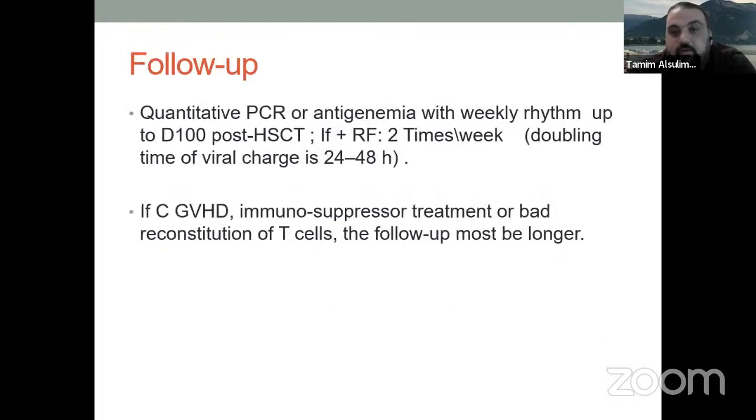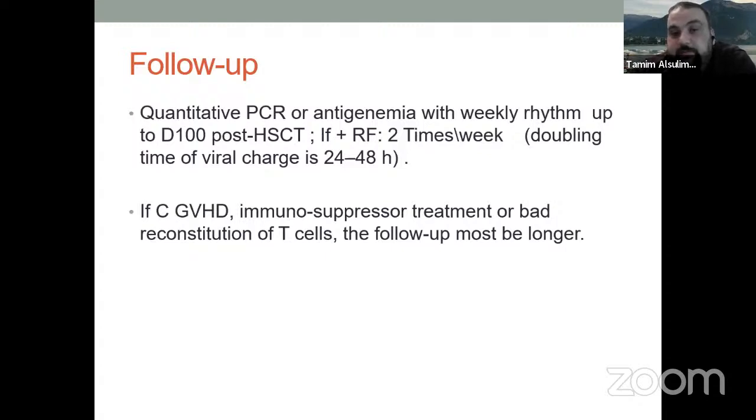For the follow-up, we have highlighted that we must use quantitative PCR or antigenemia with a weekly rhythm up to day 100 post HSCT, and maybe 2 times a week in a special setting, because the doubling time of viral load is from 24 to 48 hours.